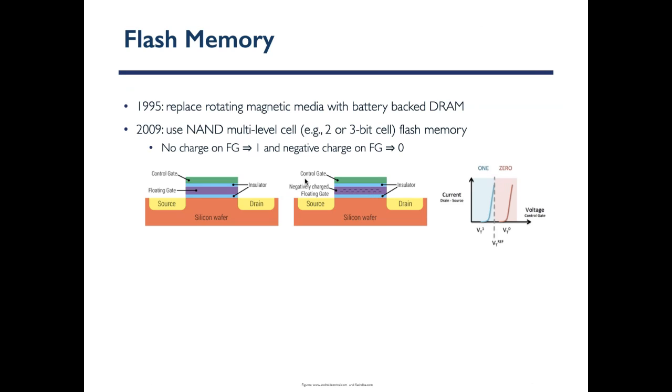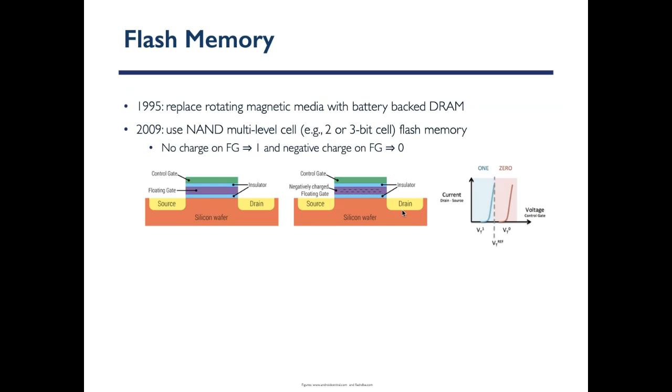And the way to read your NAND cells is to just apply a threshold, a reference voltage, to the control gate, and see if you can read some current drawn from the source to the destination.